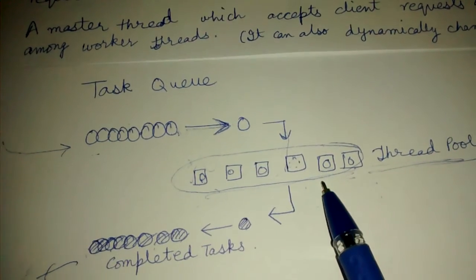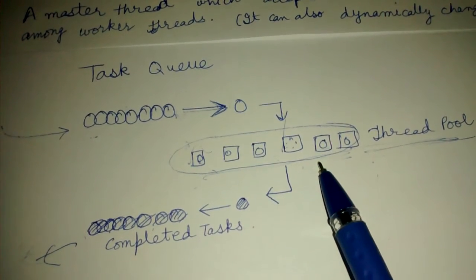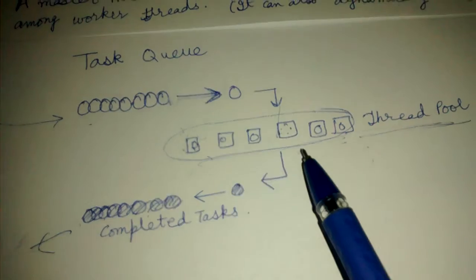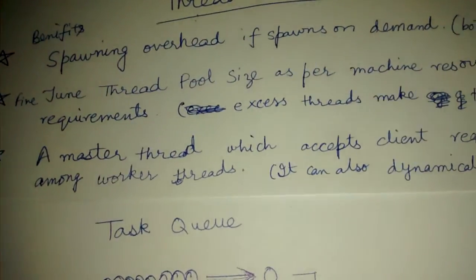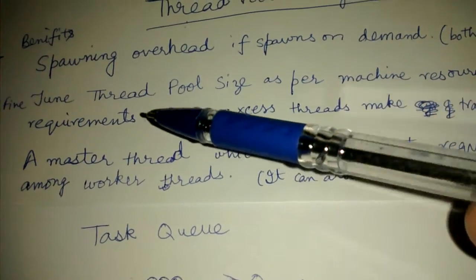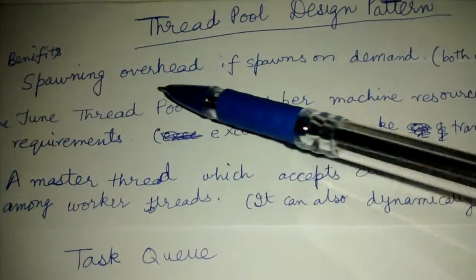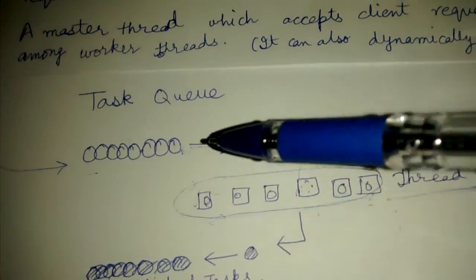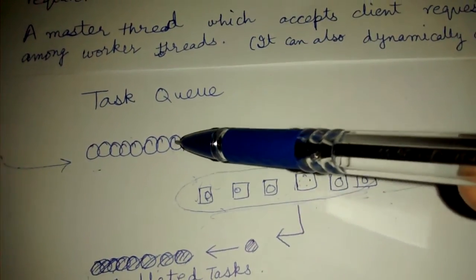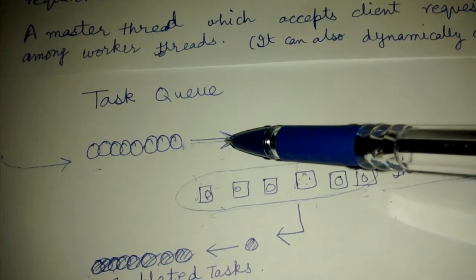So you will argue another thing now, that why not create threads when required, that is on demand. So one major benefit over that is, suppose you see that the client is giving me a task to execute.